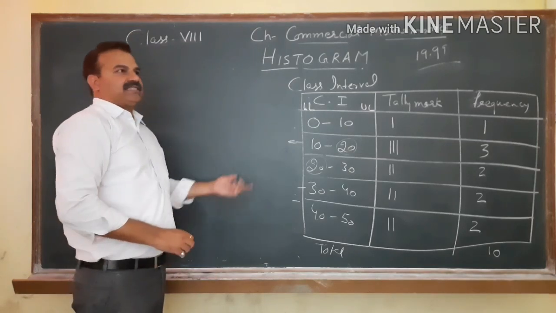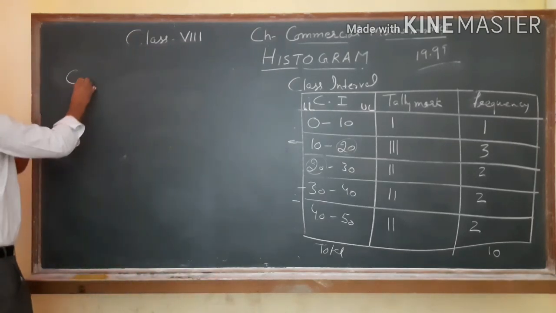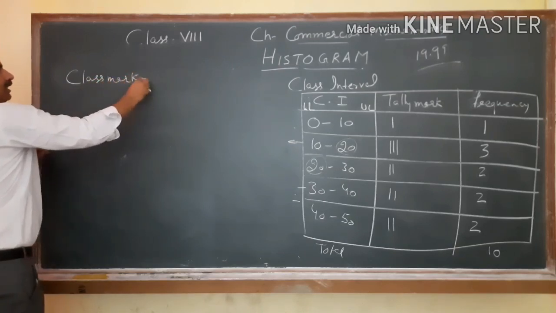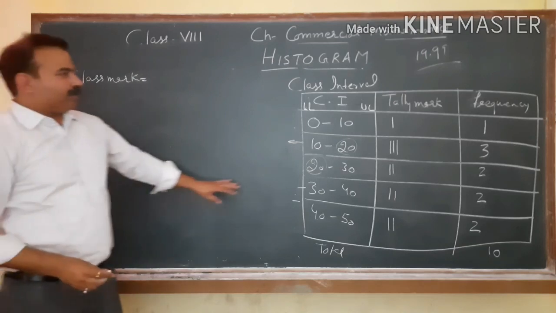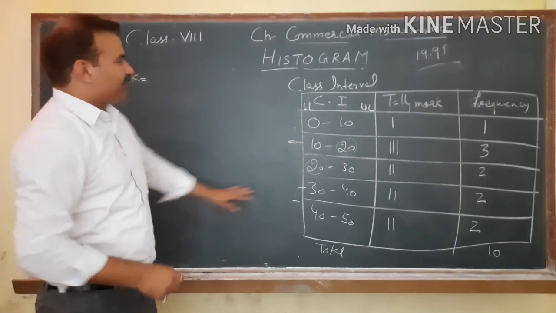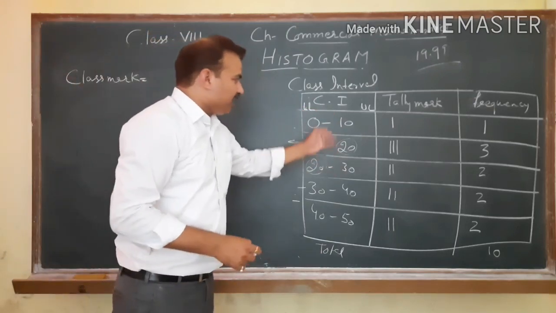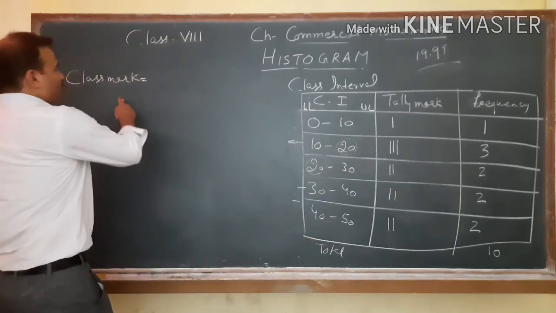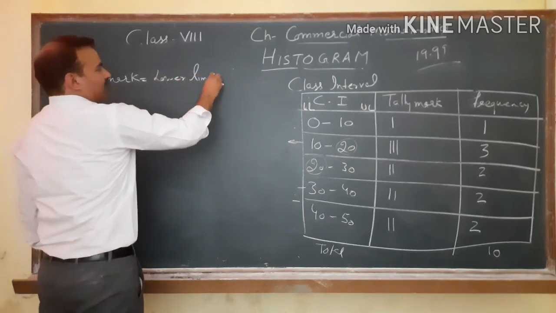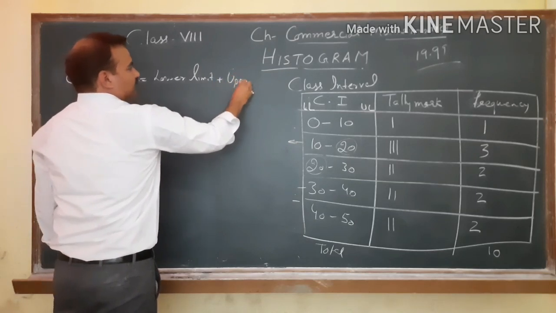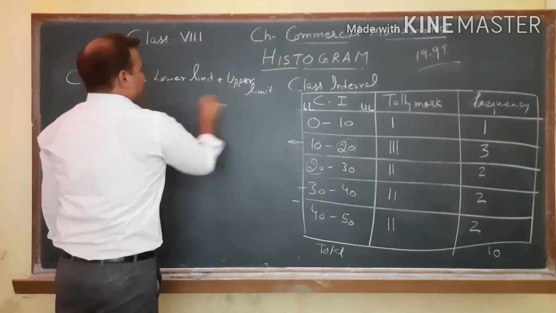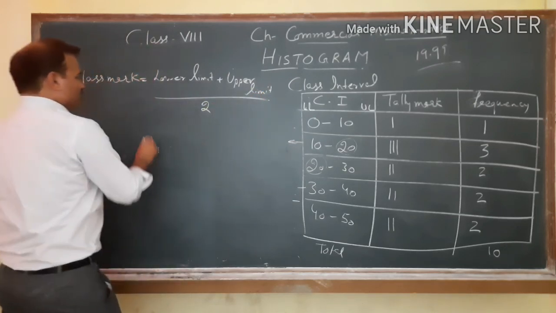After class width, class size, the next term is the class mark. We find the class mark by finding the midpoint of the class interval. Basically, what is a class mark? It is the midpoint of each and every class interval. So the formula is the lower limit of that particular class plus upper limit, divided by 2.